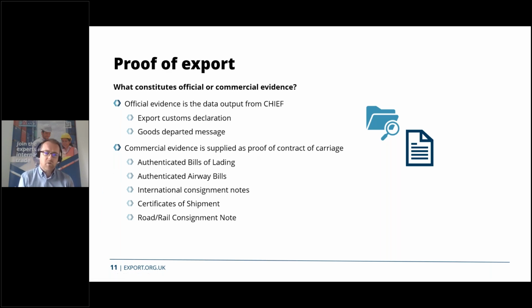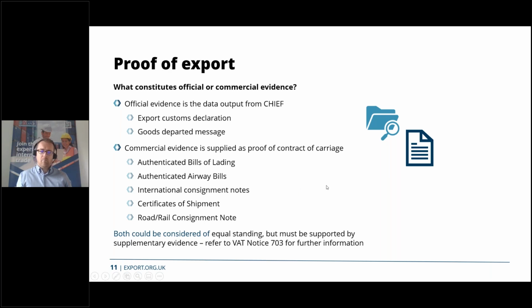But then you have commercial evidence as well. This is where you have your proof of contract of carriage, so transport documents, various types depending on the method of freight. Importantly, both could be considered of equal standing, but additional supplementary evidence will be necessary.